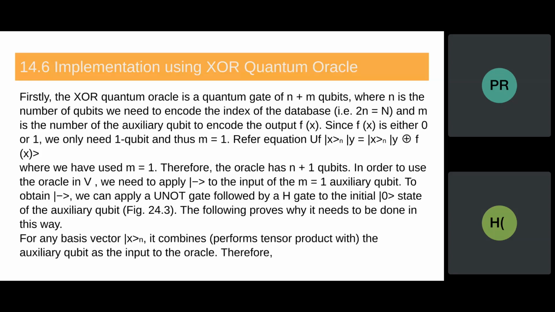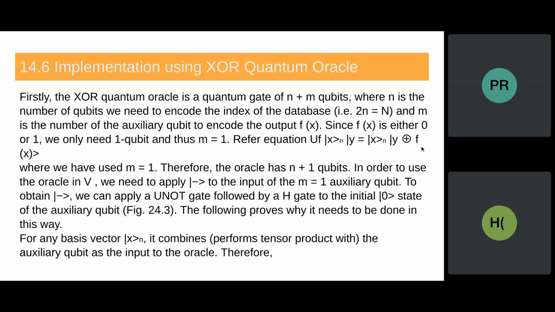So we apply input to n and measure on m. Therefore it is n plus m, and the operator will be n plus m into n plus m. Obviously, f(x) is your output, which can be either 0 or 1, so we only need 1 qubit, thus m equals 1.